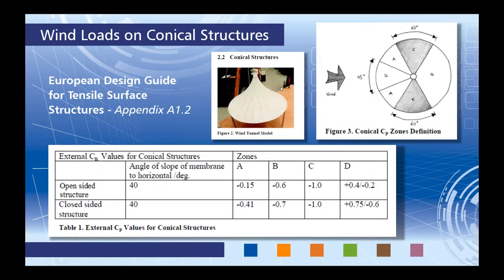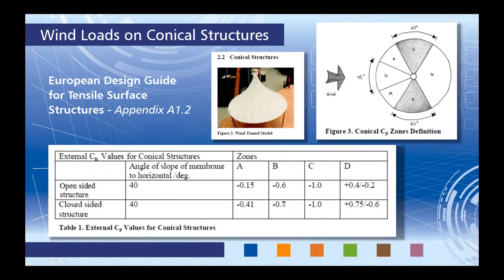As you can see here from these pictures, this is for a conical structure. We have our wind direction here on the left coming straight towards our structure, and we have different zones as we rotate around the structure. Then when we relate these different zones to our tables shown down here at the bottom for a closed-sided structure, we have different wind pressure coefficients depending where we're at on this particular structure.